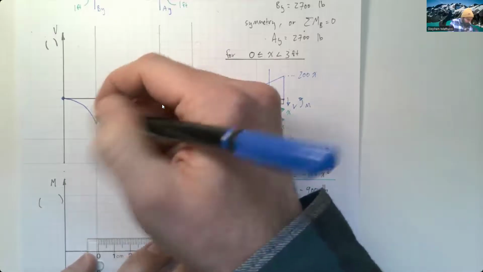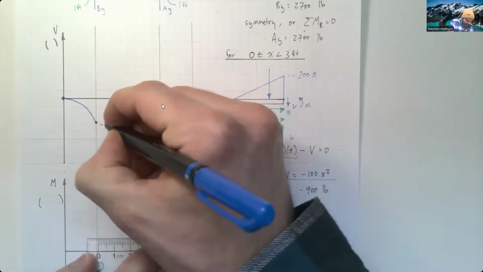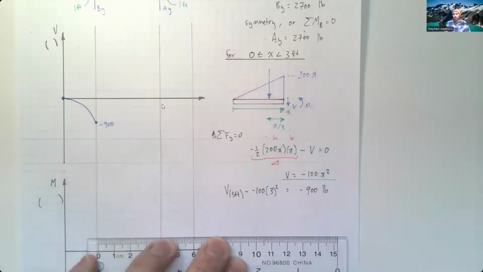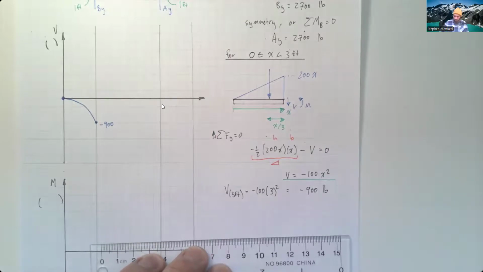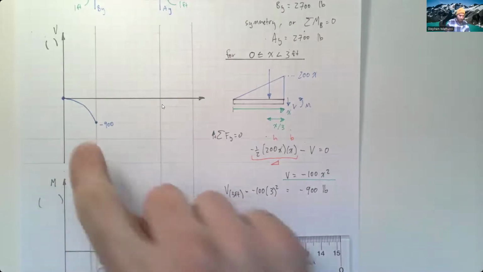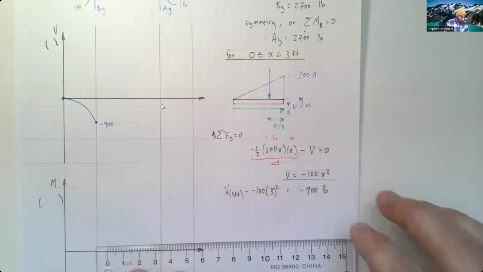So this value here, negative 900. So this is my shear diagram here.